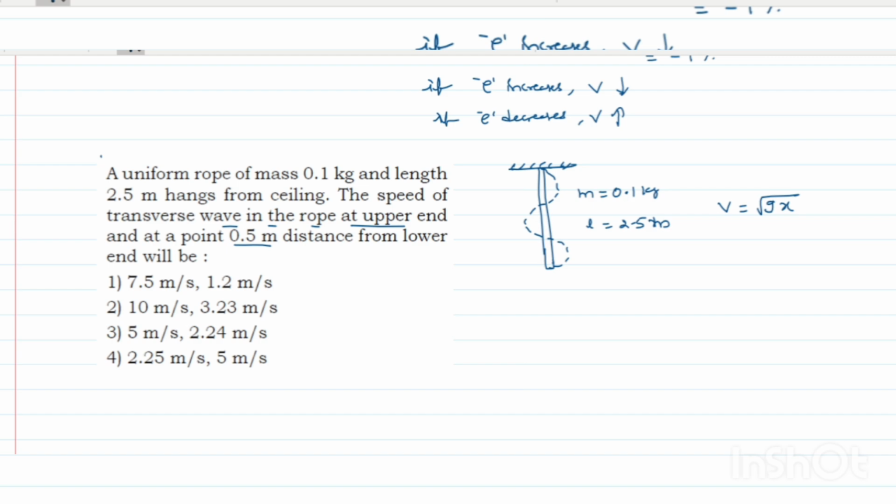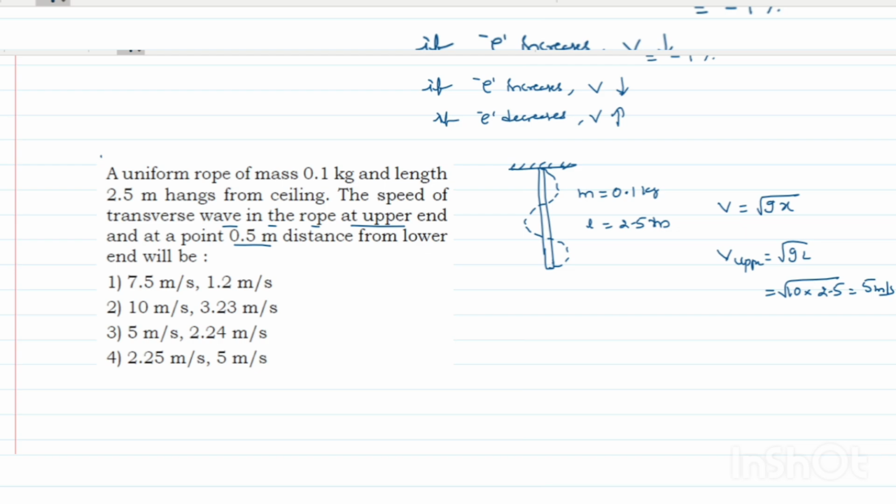So v at the upper end is root of g into total length, which is root of 10 into 2.5 meters. 2.5 into 10 is 25, which gives 5. So this is 5 meters per second at the upper end.